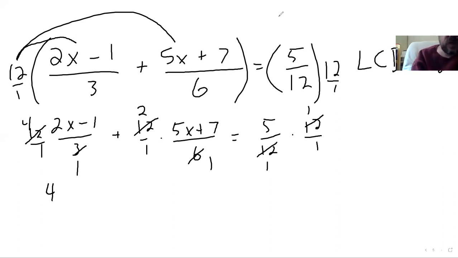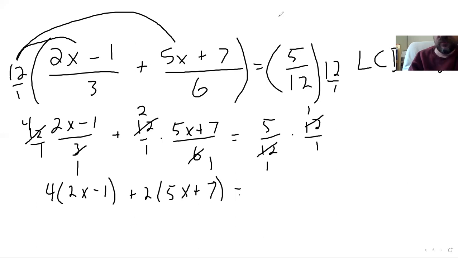Right now I've got 4 times 2x minus 1 plus 2 times 5x plus 7 equals just 5. And then from here, it's just a matter of simplifying and solving. So that's what I'm going to do, right? I'm going to distribute this 4 to the 2x and the negative 1. And I'm going to distribute the 2 to the 5x and the 7.